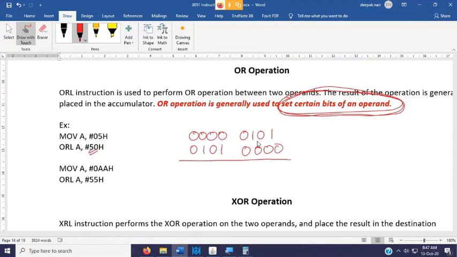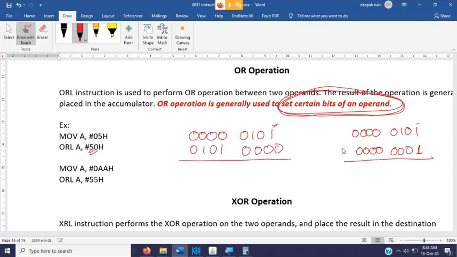For example, if I forcefully want to make this particular bit 1, and the number is 0 0 0 0 0 1 0 1, I want to check whether this bit is 1 or not, and if it is not, I want to make it 1. In that case, remember, I will OR with a certain number which has 1 in the least significant bit.